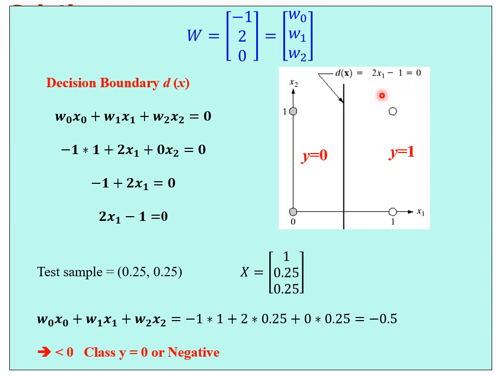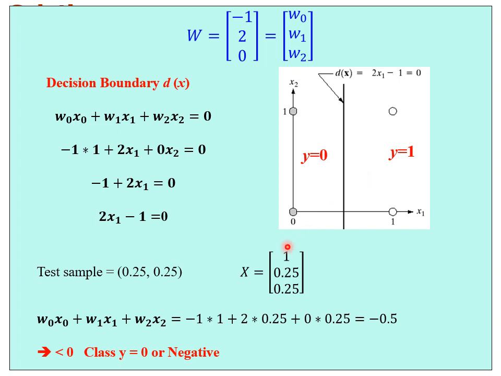I hope you have understood how we have plotted this decision boundary. Here I am getting x1 equal to half, that is 0.5. So I have this vertical line at 0.5, and this line separates the negative samples from the positive samples.